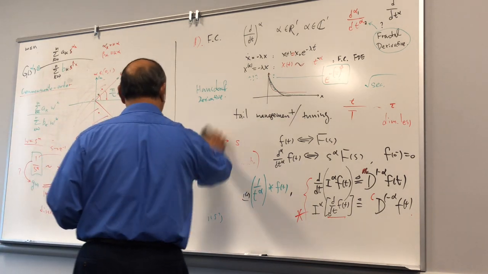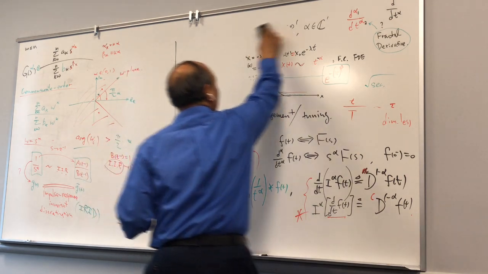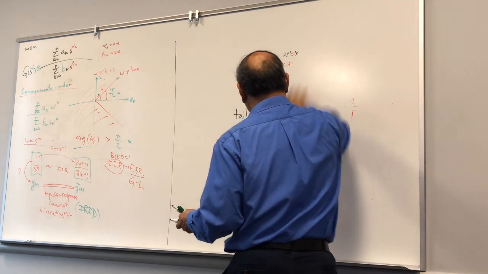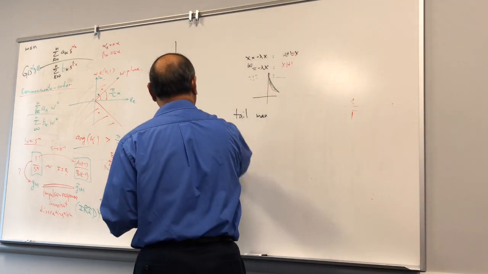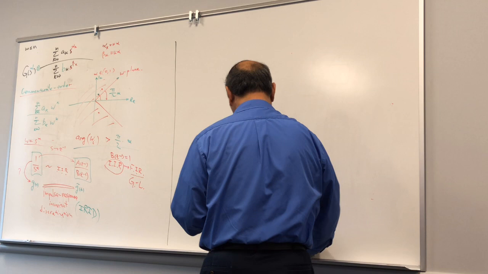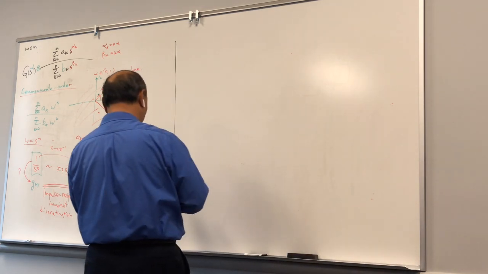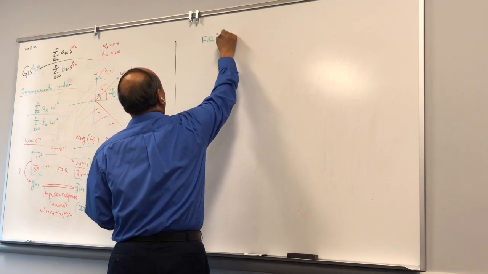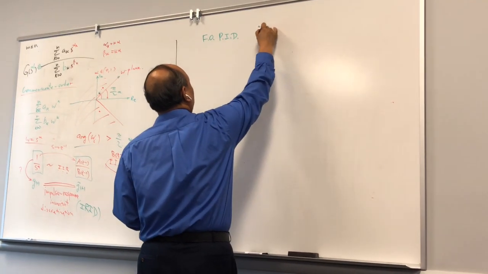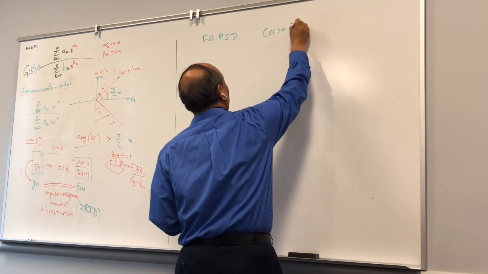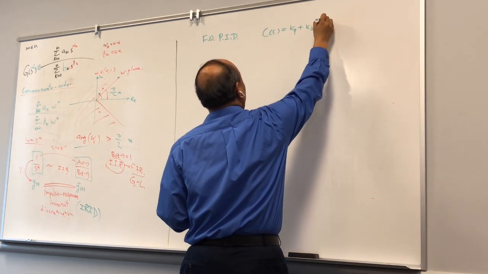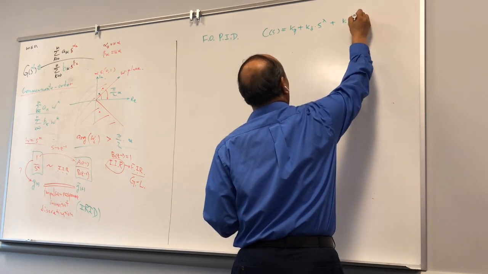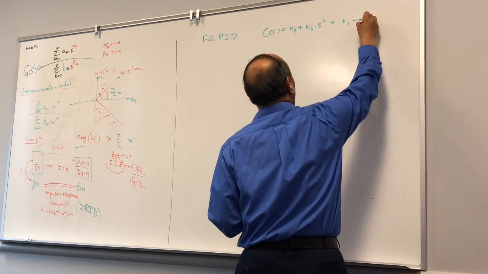For example, fractional order PID. This is like C(s) equals KP plus KD s to the power of lambda plus KI s to the power of mu.